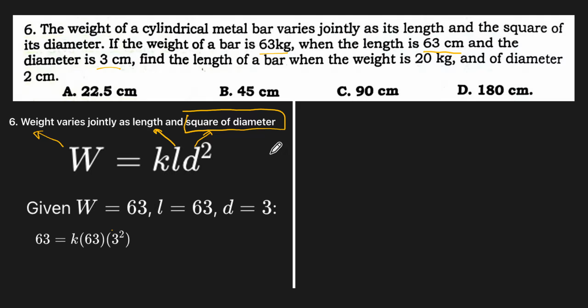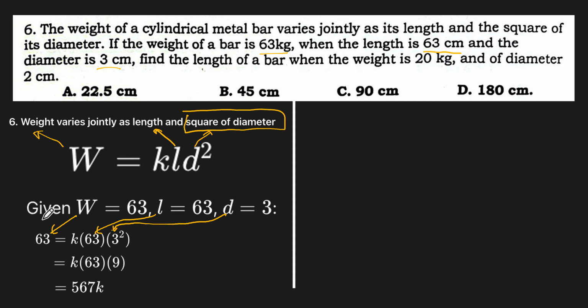So first we have to find the k, or the constant, by substituting or plugging in the W, the length, and the given value of the diameter. So, simplifying them, 63, just bring it down, and k, bring it down. 3 squared would be 9.